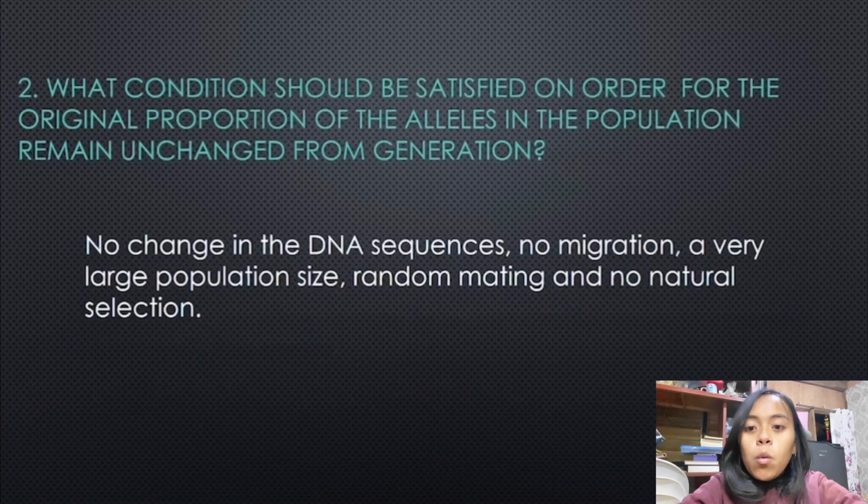Number 2, what conditions should be satisfied in order for the original proportion of the alleles in the population to remain unchanged from generation to generation? The answer is no change in DNA sequences, no migration, a very large population size, random mating, and no natural selection.